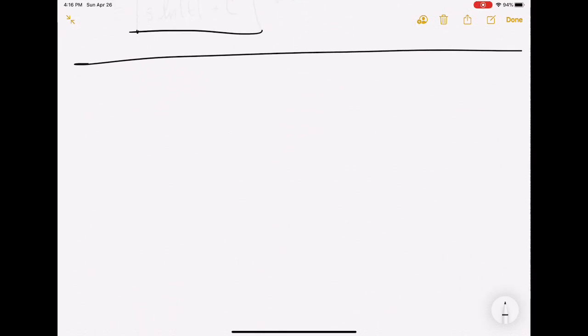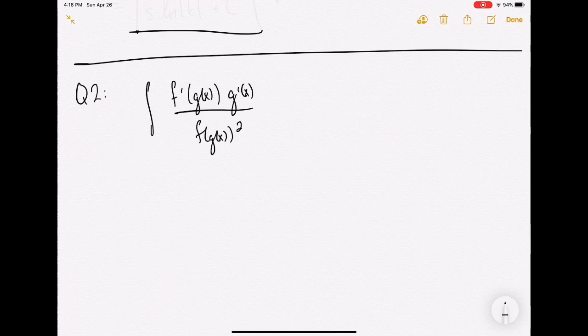Let's do question 2 on problem 2. Question 2 is looking for the integral f prime of g of x, g prime of x divided by f of g of x squared dx.